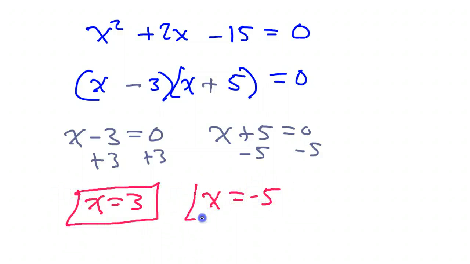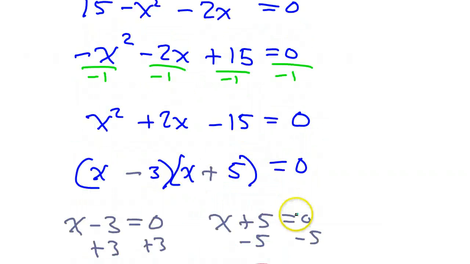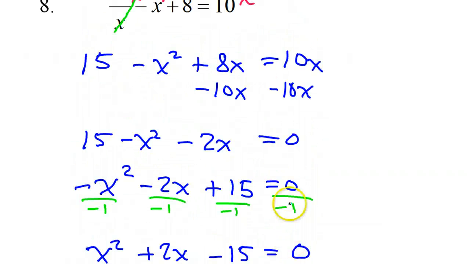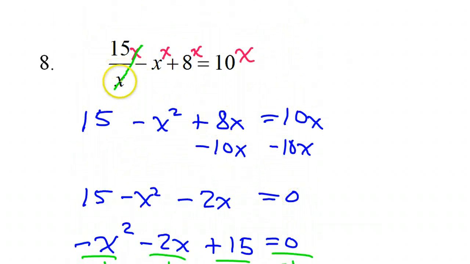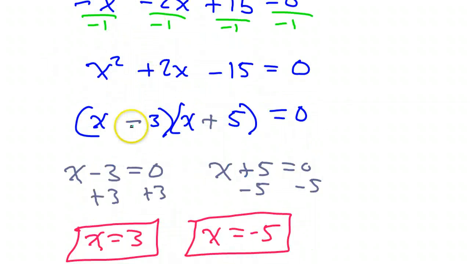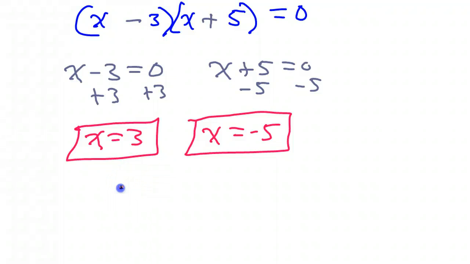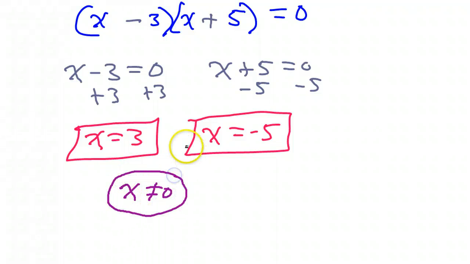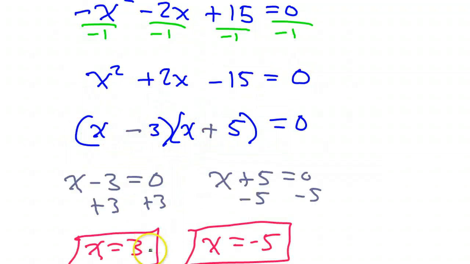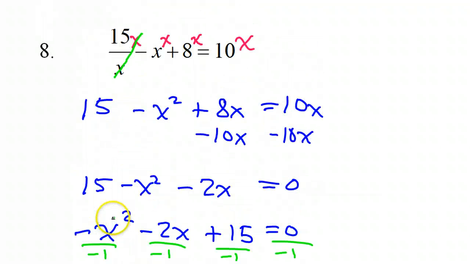So, as long as these are not restricted values, then these are my solutions. So, looking back, I only had one restricted value. X cannot be 0. Alright, so these are the two solutions for problem number 8.